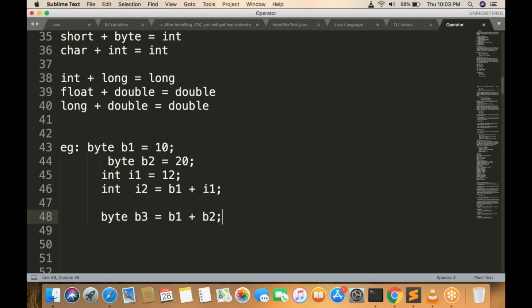No, no, no. Why are you thinking in that way? I am asking the result type. What is the type of b1? Byte. b2 type, byte. Byte plus byte. Tell me, what is the result?